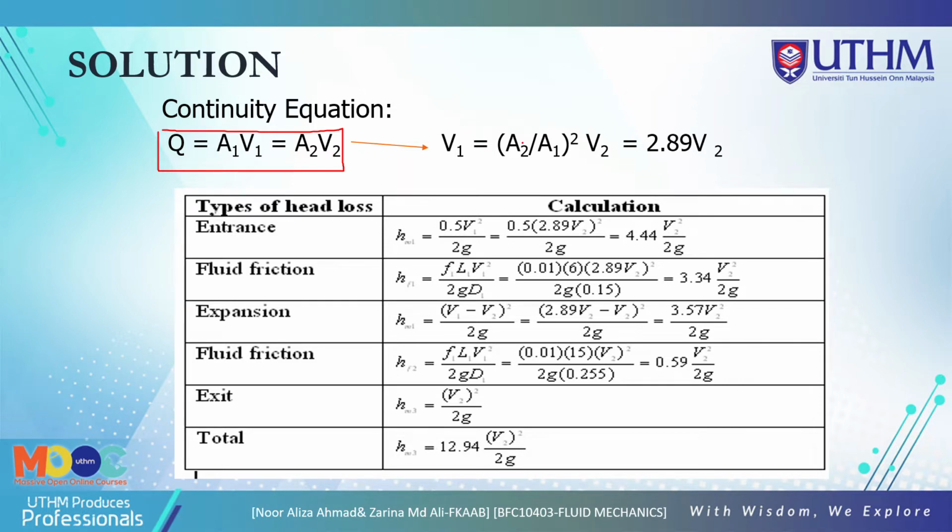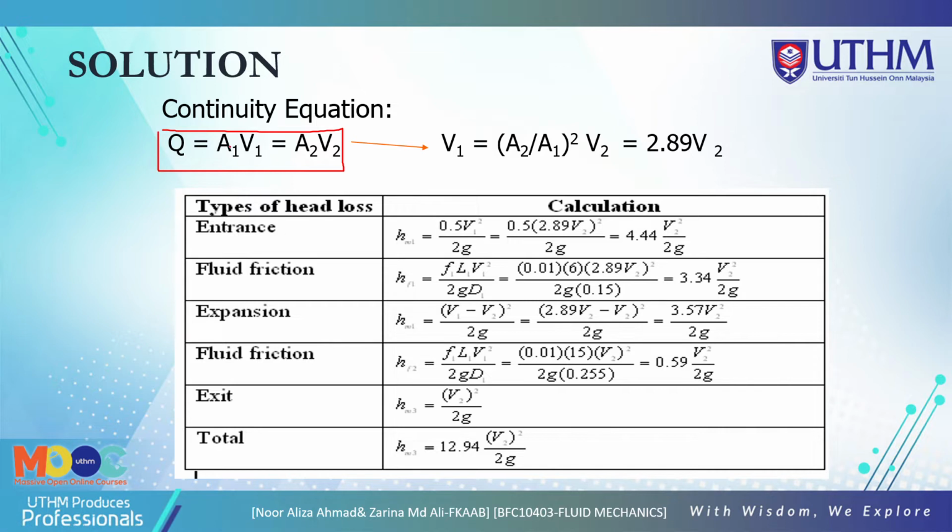So V1 is equal to A2 divided by A1 times V2. So you get the V1 here.